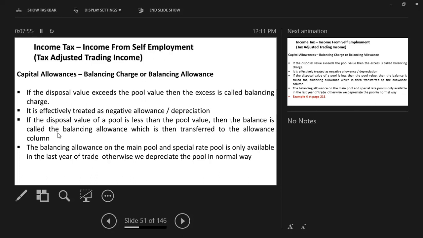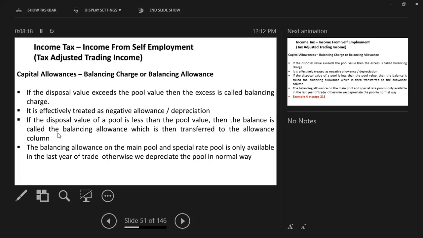So for short life asset and private use asset, we don't make a pool. If there are 10 short life assets, we'll have 10 different columns: short life asset 1, short life asset 2, short life asset 3. Each asset will have its own column. Same if we have 5 cars with private use, we'll have 5 columns, one for each car.